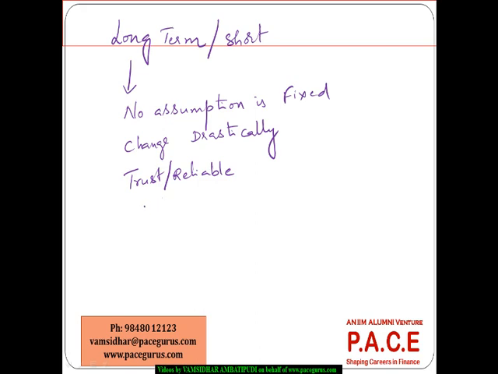So predicting all the long-term changes and then incorporating them into the model, they all become more and more difficult, which means if at all my model is becoming a long-term perspective, then we may have to suspect the goodness of fitment of the model.